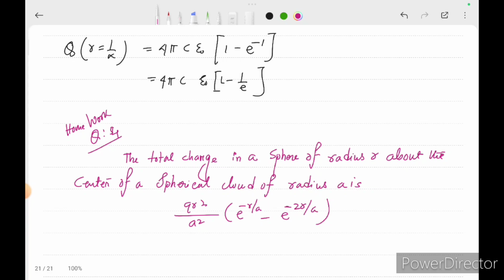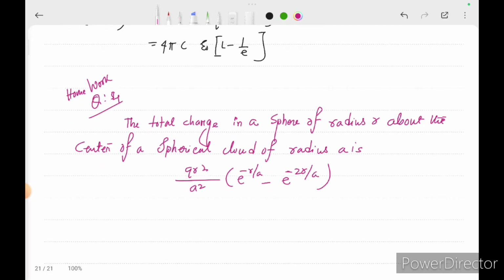This is the total charge. Find out the corresponding electric field. Okay, this is the homework part.